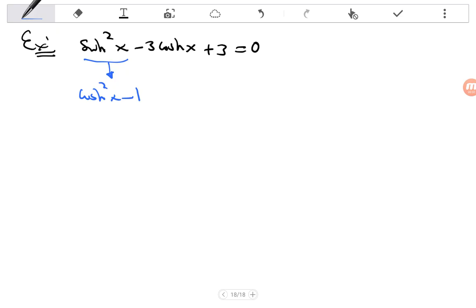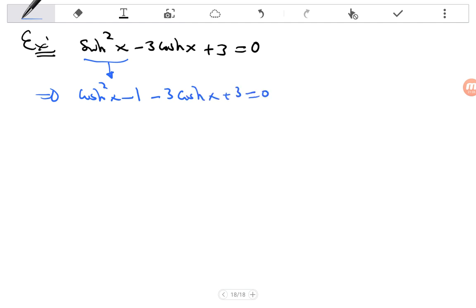If I have in mind the known rule that the cosine is the greatest among all the hyperbolic functions, I will just write the rules easily. So cosine is greater than the sine, I just subtract 1 to get the sine squared. So this is minus 3 cosine x plus 3 equal to 0.